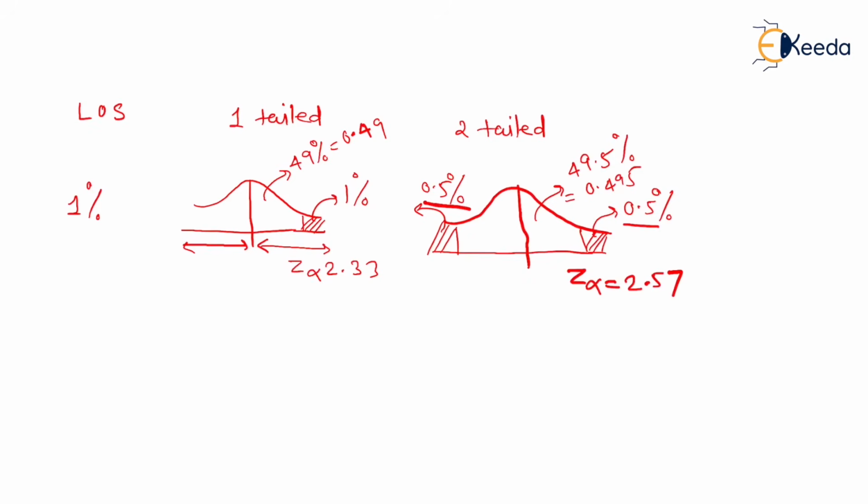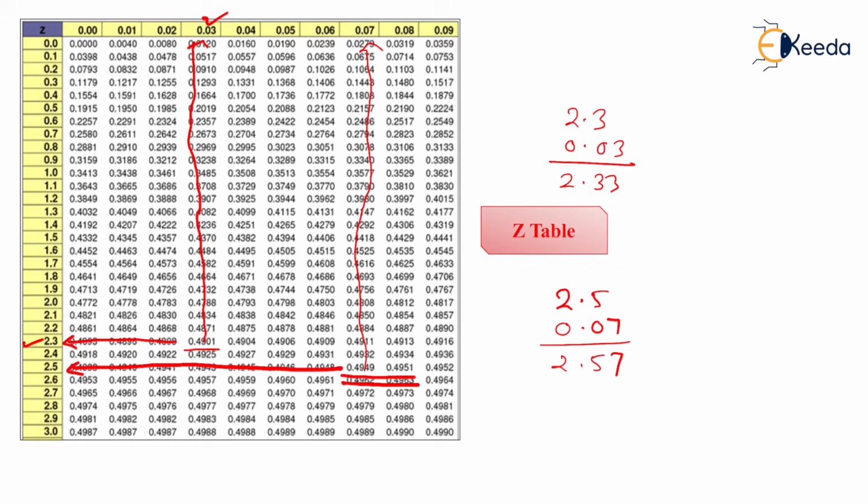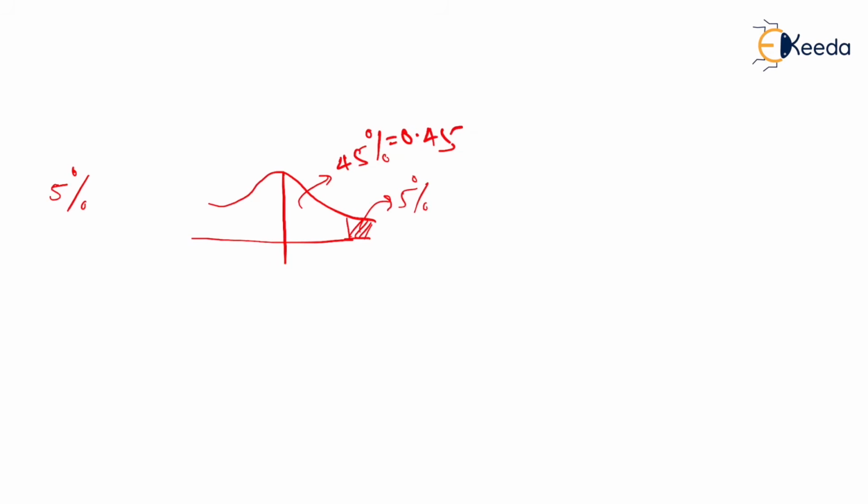We'll go back to the Z table and check where exactly you're finding 0.45. Yes, this is 0.45. Again, this is not exactly 0.45, but as I told you, we'll be looking for the near approximation. We'll go this side, this is 1.6. We'll go up, this is 0.05. So 1.6 and 0.05 means 1.65, or you can take 1.64 because it is in between.